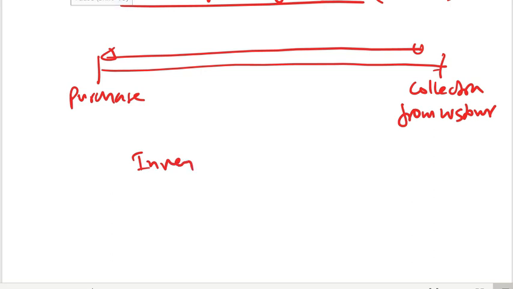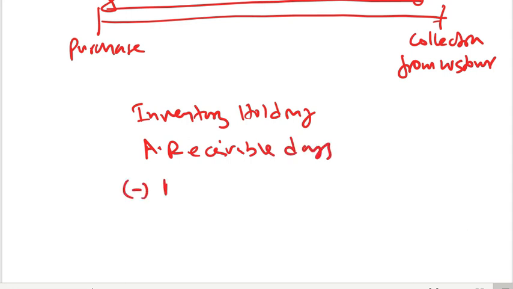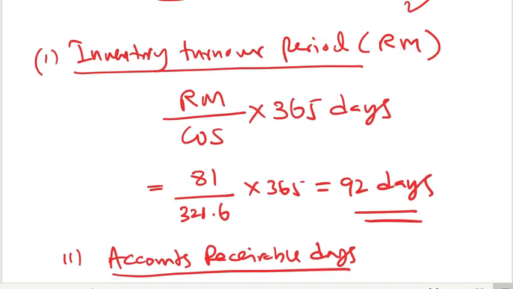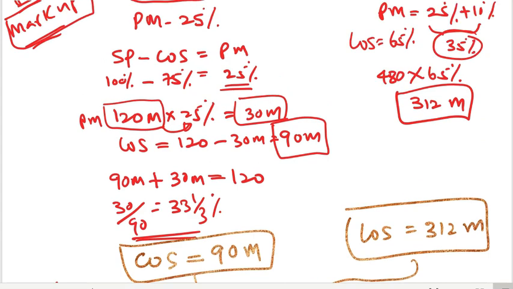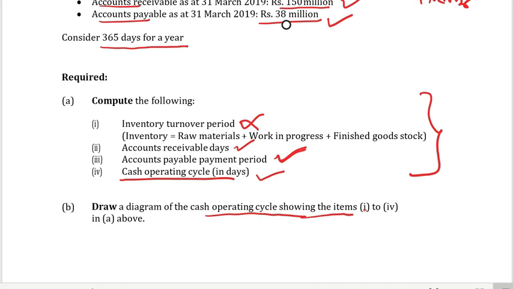inventory holding period. We should know inventory holding period. Then you need to add the accounts receivable days. From this you need to deduct accounts payable days. So now, as we have already calculated the raw material holding days, 92 days, and also you are given inventory holding period for work in progress and finished good stock.